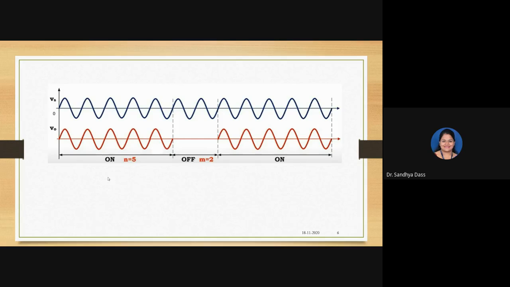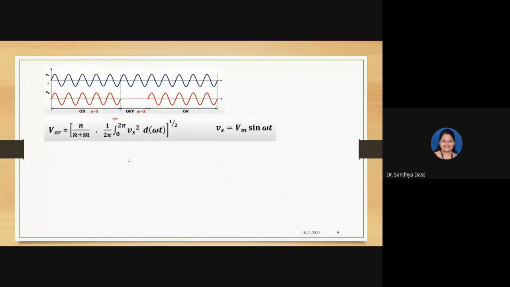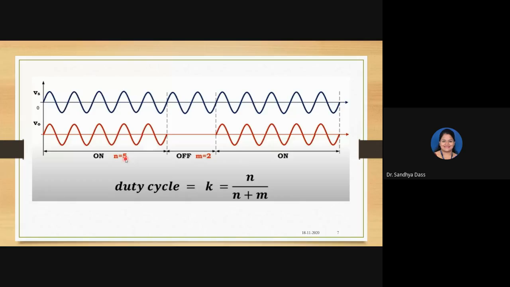So here we have to discuss something about duty cycle. I hope you know what duty cycle is. Duty cycle is nothing but N by N plus M. N is the number of cycles where the circuit is on, and N plus M is the total time period, or total cycles.